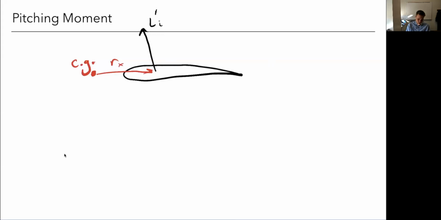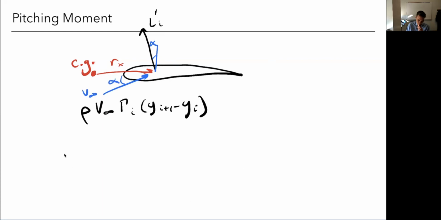And so the pitching moment then is going to be my lift, which we already saw was rho V gamma_i times (y_{i+1} minus y_i). That's my L prime. But I need R cross L. And so that's going to be given by this angle here, which is exactly my angle of attack, because here's V infinity.